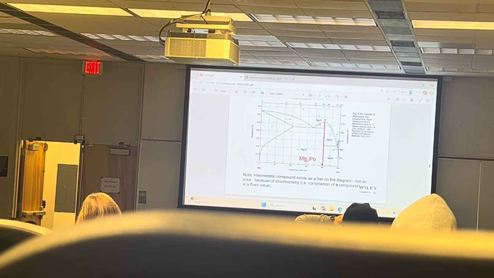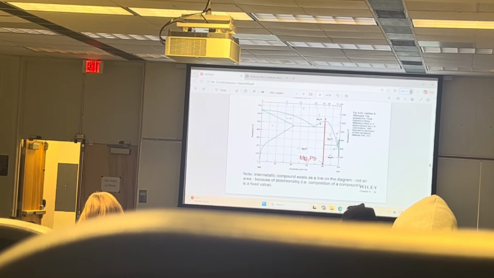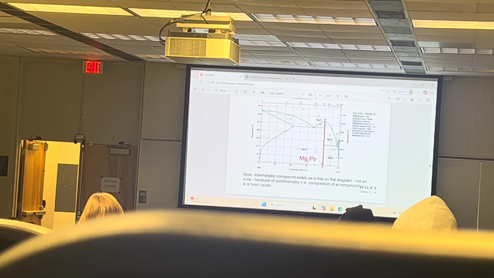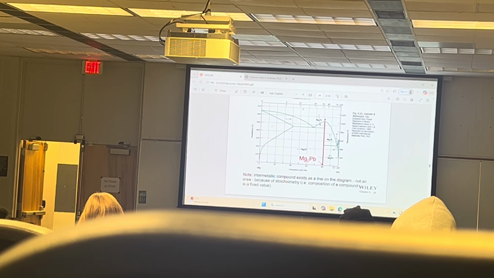Because you need to account for stoichiometry. This is a chemical compound. So whenever you see a straight line, that means that there's an intermetallic. For a process, it's not good to have intermetallics because they make your stuff brittle.